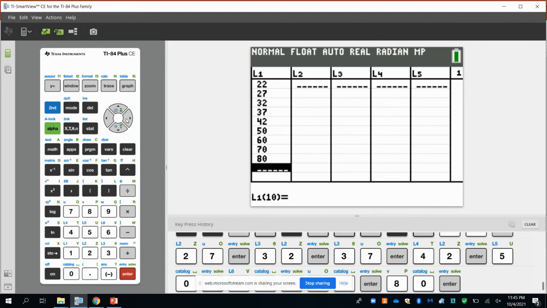Yeah, that's correct. Now move to column 2, L2. Now enter all the percentage divorced.